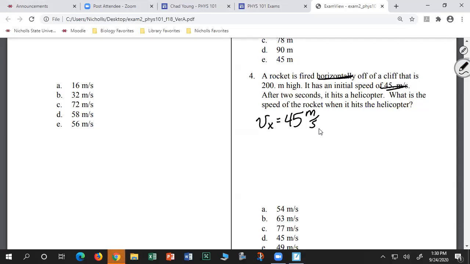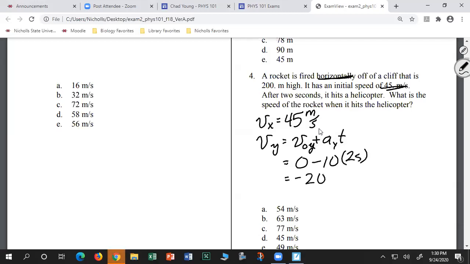And then I need to find Vy, which is V0y plus ay t. V0y, though, is 0 here. The reason it's 0 is because this rocket is fired horizontally, and so it has 0 y velocity. Minus 10, that's the acceleration due to gravity, times t, which is 2 seconds, which is negative 20 meters per second.